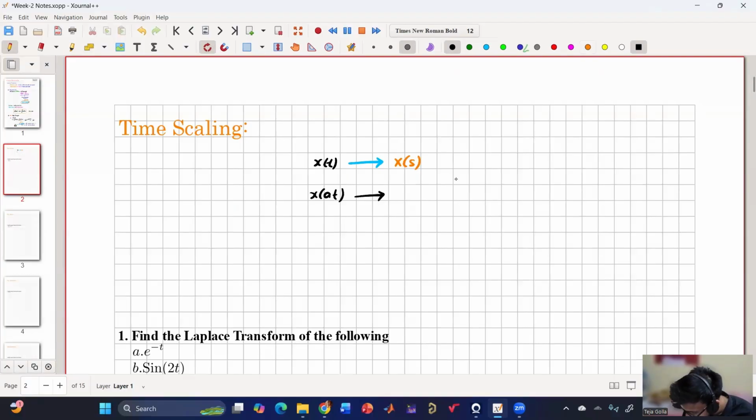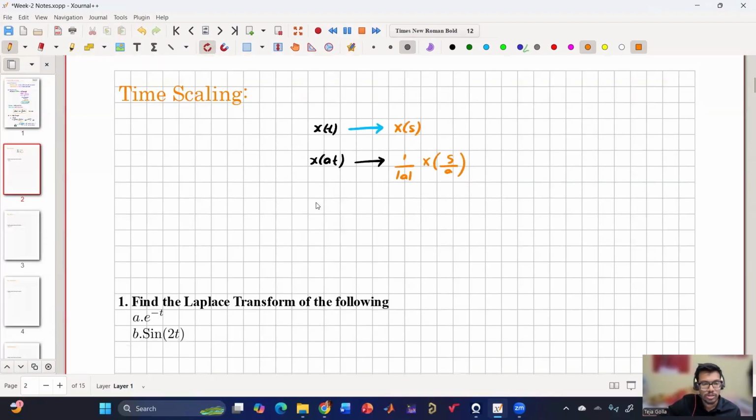Then we'll have 1 by mod a into x of s by a. So this is called time scaling. For x of t, if we have the Laplace transform as x of s, then for x of at, the Laplace transform is 1 by mod a into x of s by a. So this is not a product, this is the Laplace transform.